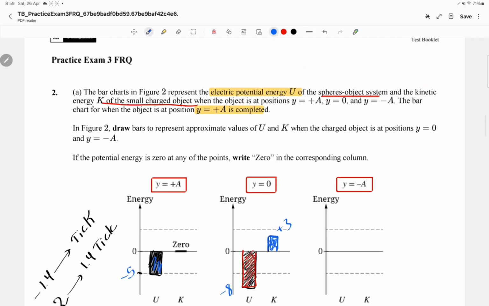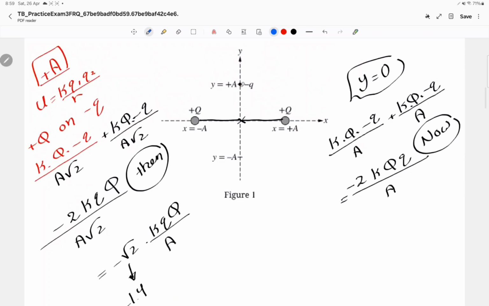Now, we're going to go all the way to negative 8, right? So look, what I've noticed is when you're beginning, you must have a 0 k. But how about when you end? It all depends on the u. Let's find the u here. And by the way, the u here at negative a is the same exact u at positive a, right?